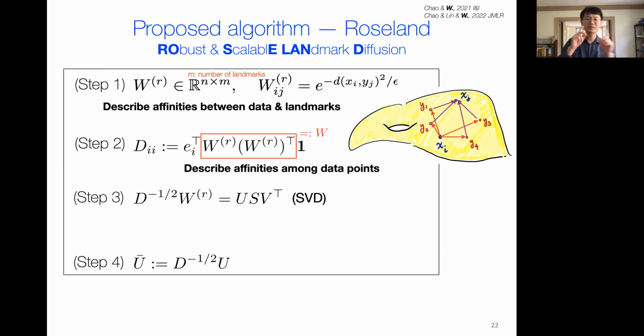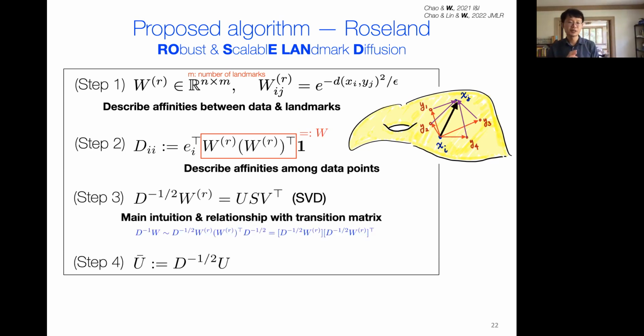That is WR WR transpose. It tells you how you diffuse from xi to xj via all the landmarks. And you construct a D matrix, which is the degree matrix. Then you evaluate the singular value decomposition of D^(-1/2) WR.